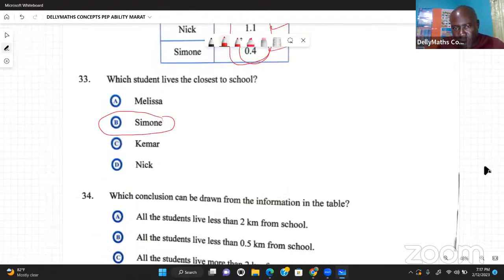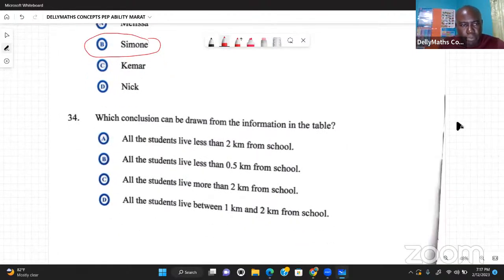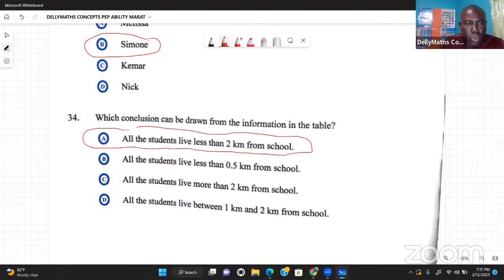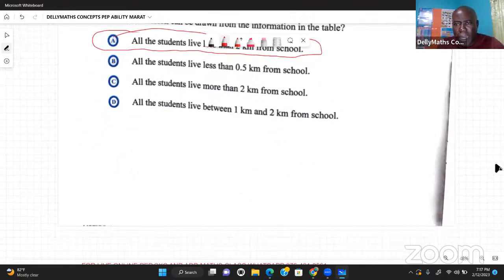That statement is correct. Let us read to see if that's what they wanted. Which conclusion can be drawn from the information? I can draw this: all the students live less than 2 kilometers from the school. Yes, I don't need to read the rest, because this is correct and there's only one answer they're looking for.